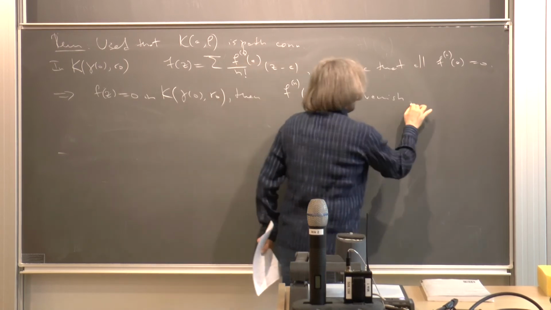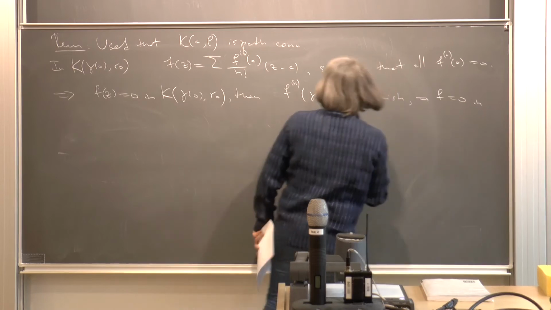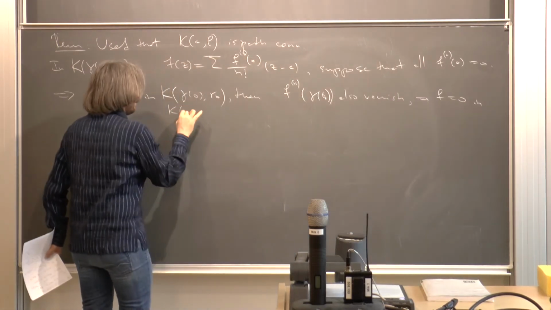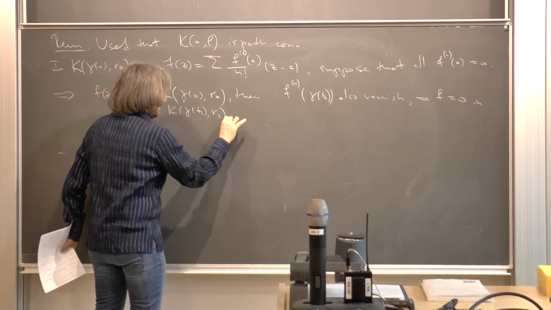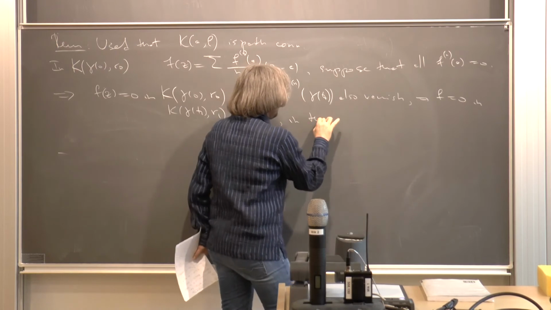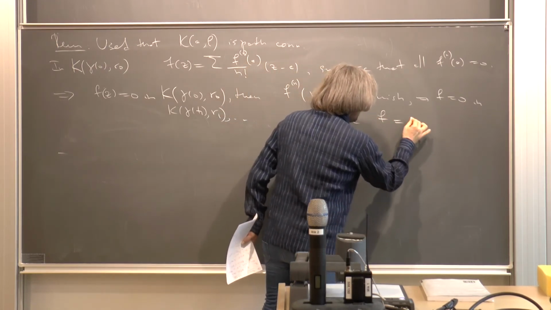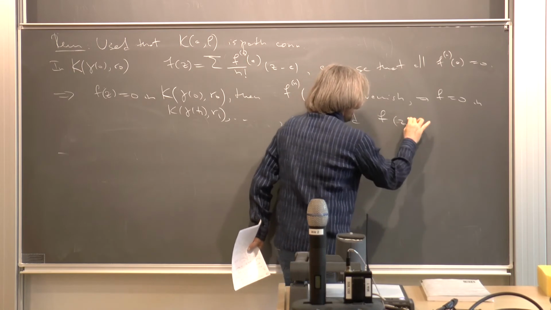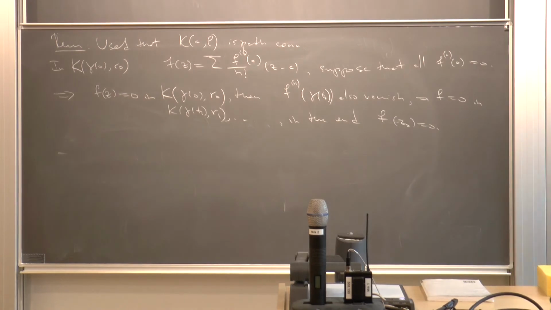So then f is totally 0 in the second disk. And so on. So in the end we get f is 0 at z naught. So we proved that if all derivatives vanish at a, then the function completely vanishes.